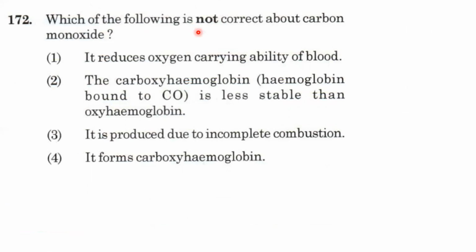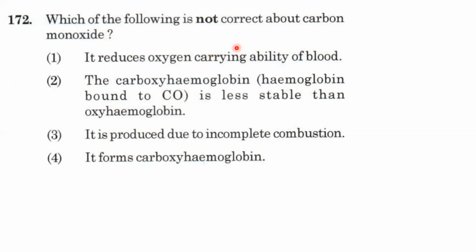Now incorrect statement they are saying, incorrect, not correct they are asking. First option, it reduces oxygen carrying ability of blood. Actually what happens means if carbon monoxide enters into our lungs, it is combining with the hemoglobin, therefore it becomes carboxyhemoglobin. Carboxyhemoglobin is stable, it will not dissociate, therefore hemoglobin loses oxygen carrying ability.